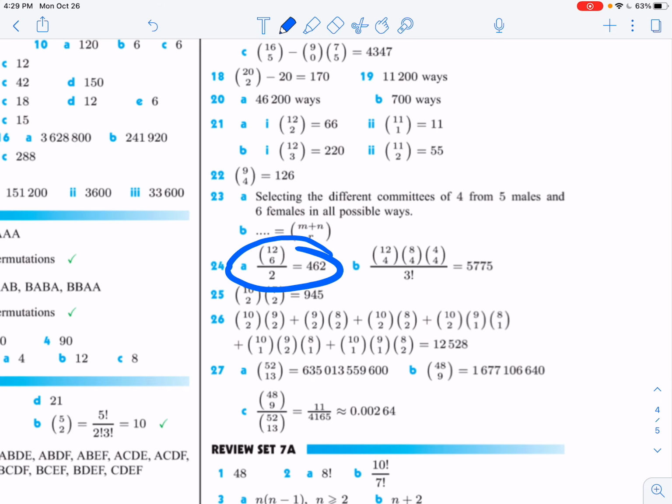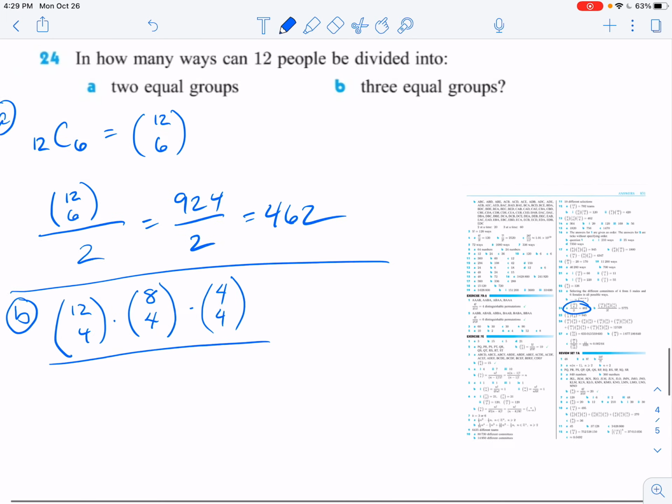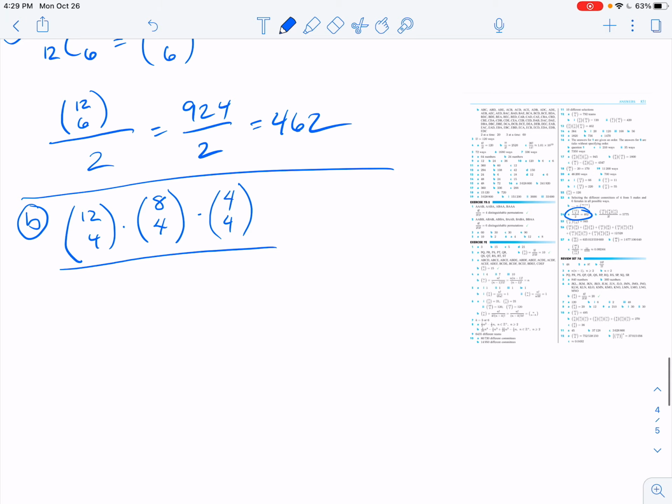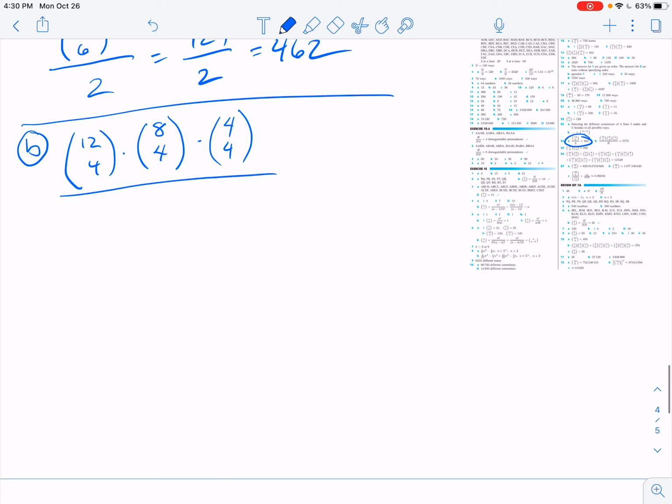Why is that? Some of these get a little tricky. If the first group here was group A, this was B, and this was C, then we have different ways.